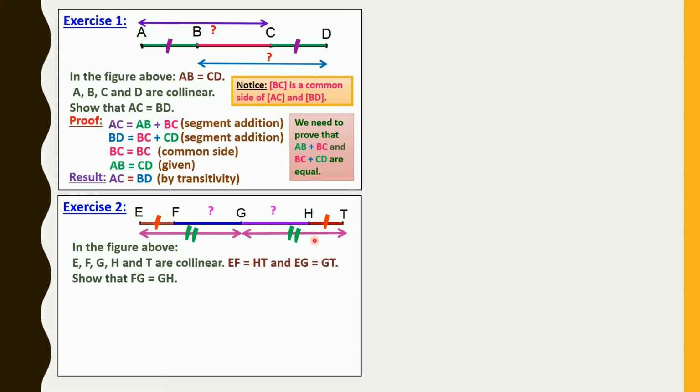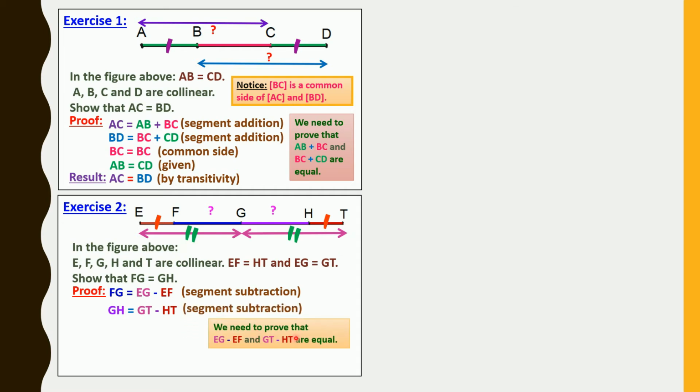Same here, we notice that segment GH is a part of the segment GT. So GH is equal to segment GT minus segment HT. So let's write these two pieces of information that we just noticed. FG equals segment EG minus EF, segment subtraction, and segment GH is equal to segment GT minus segment HT, also segment subtraction.